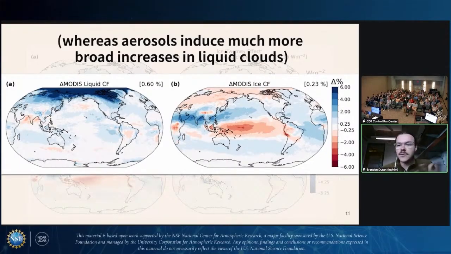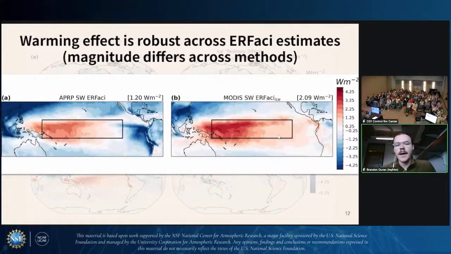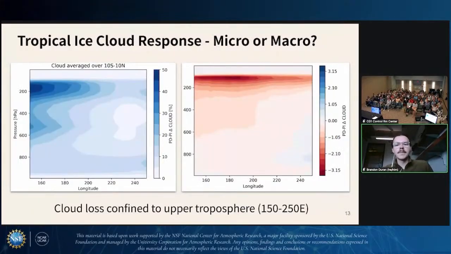So this is really interesting and something that we want to try to understand better in this PPE. And then I just show here that no matter what method of diagnosing aerosol forcing, this warming effect in the tropics is observed. So we want to dive into understanding this, and everything that I'll share from here on is pretty preliminary, so we're still trying to unpack what's going on.